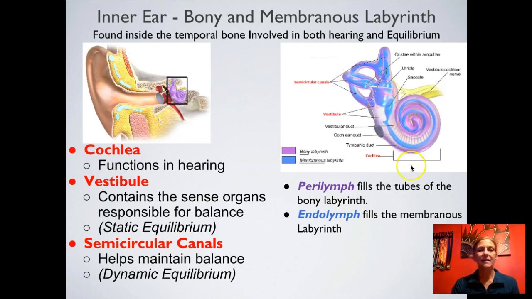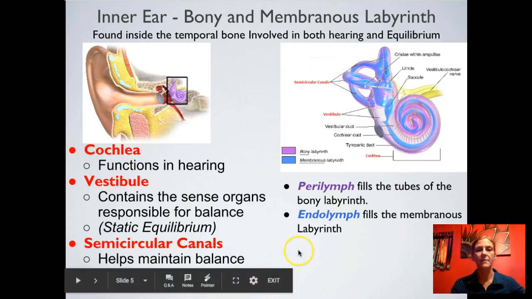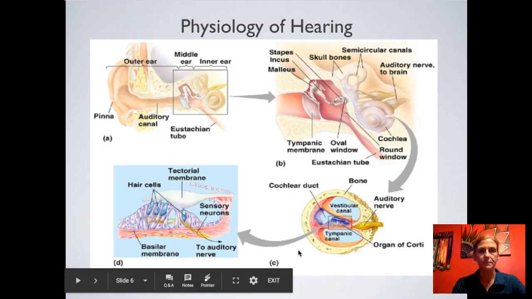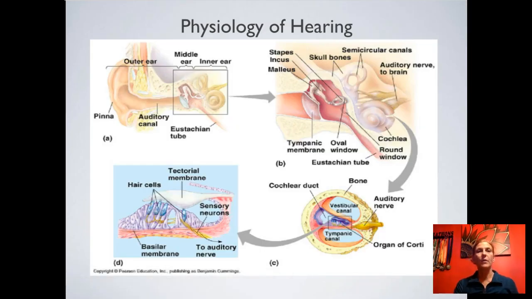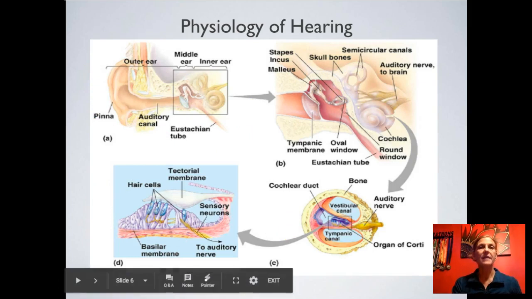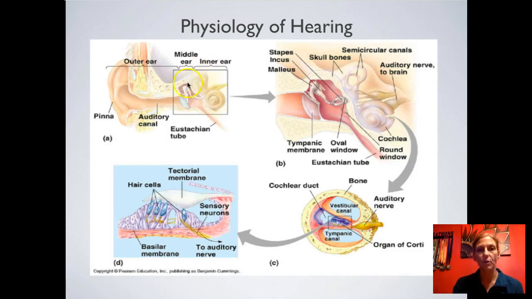So we're going to go inside of the cochlea a little bit more and talk about hearing. So this big graphic, we're going to get smaller and smaller and smaller, right? So it's one big graphic. Here is our external, middle, and inner ear. We're going to enlarge this portion here.